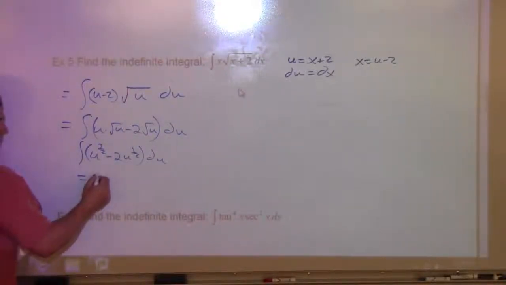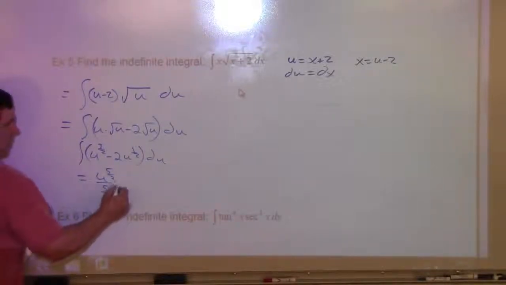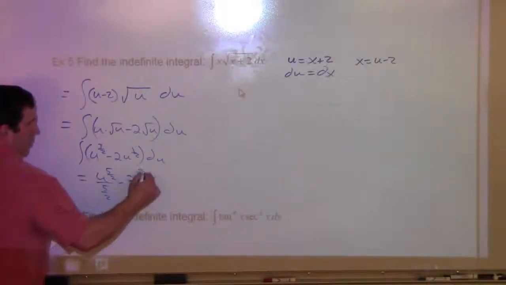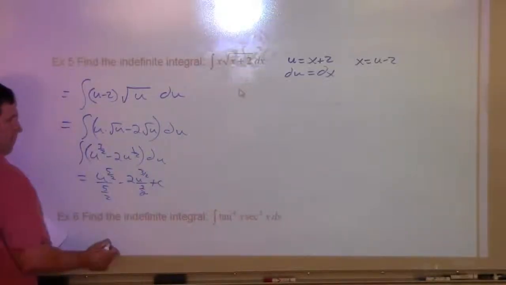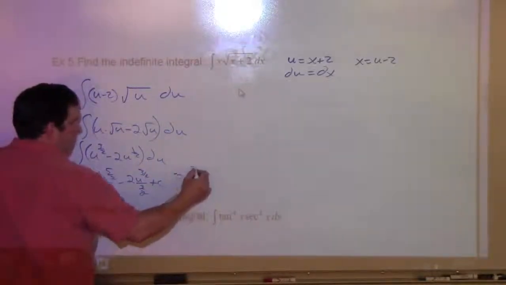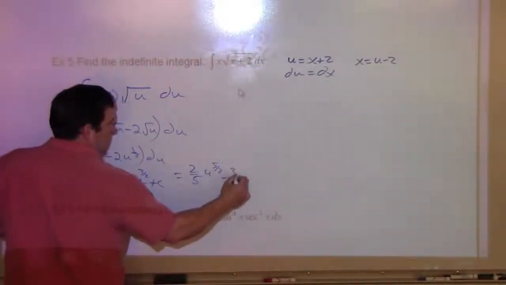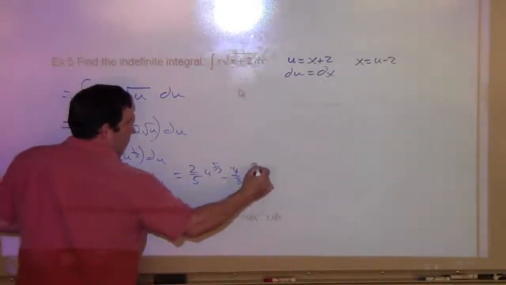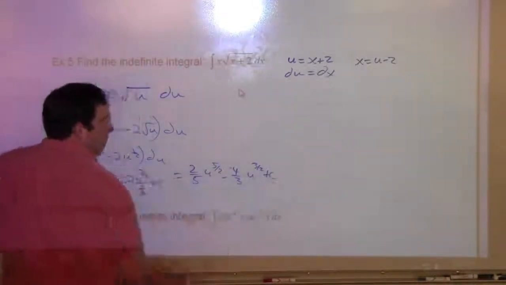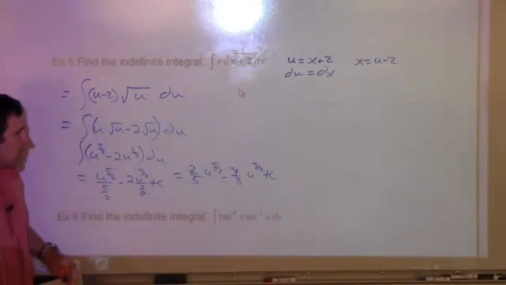That becomes u to the 5/2 divided by 5/2 minus 2u to the 3/2 divided by 3/2 plus c. That's going to be 2/5 u to the 5/2 minus, well, 4/3 u to the 3/2 plus c. But we're not finished because we have to substitute back to get the x.